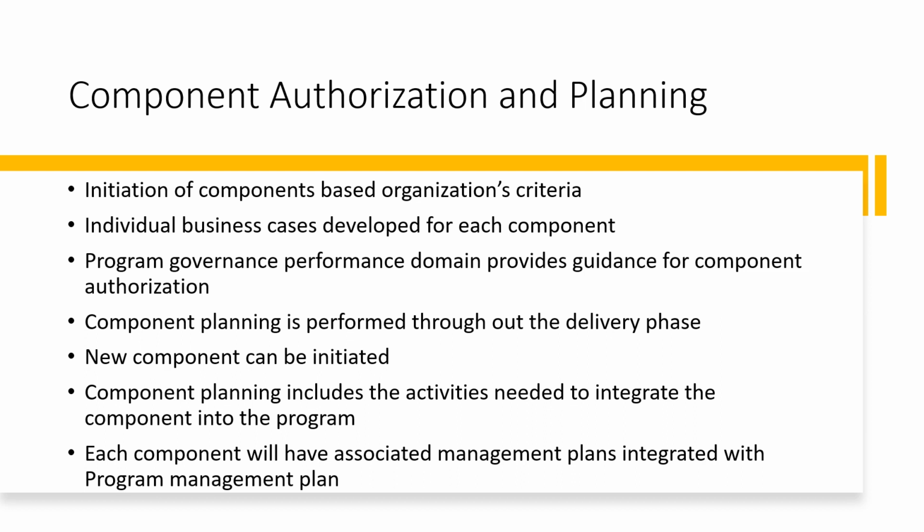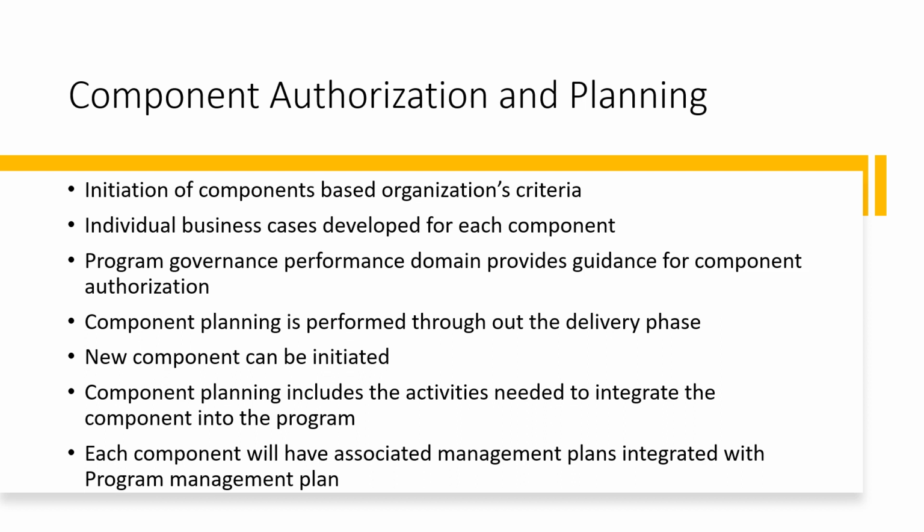The program governance performance domain provides the guidance for component authorization: how the component needs to be authorized and initiated. All those guidelines, criteria and eligibility will be available as part of the program governance performance domain. Then component planning is performed throughout the delivery phase. In the entire delivery phase, planning is happening for different components. You can even initiate a new component as well.